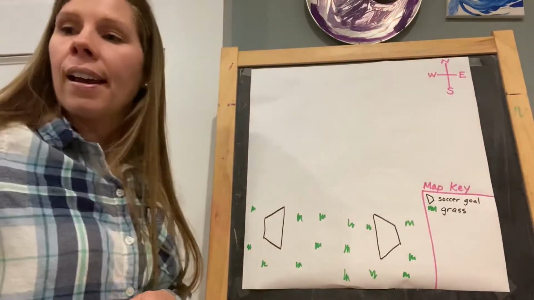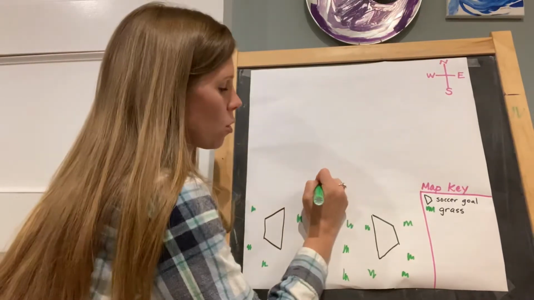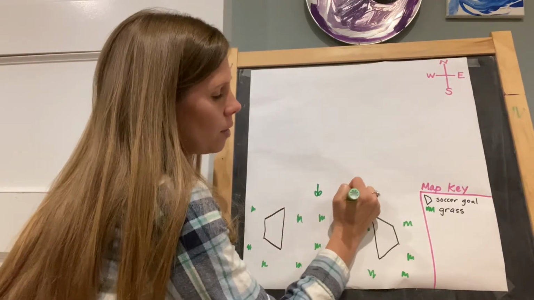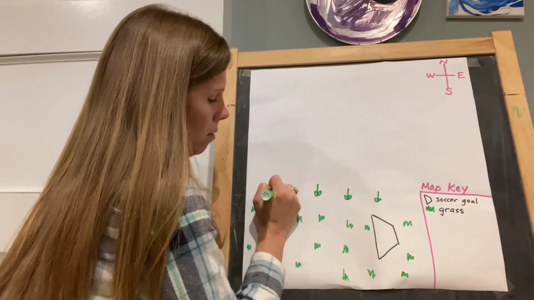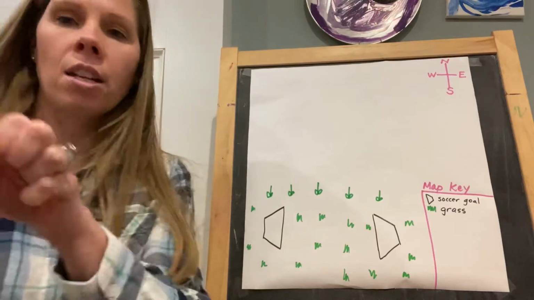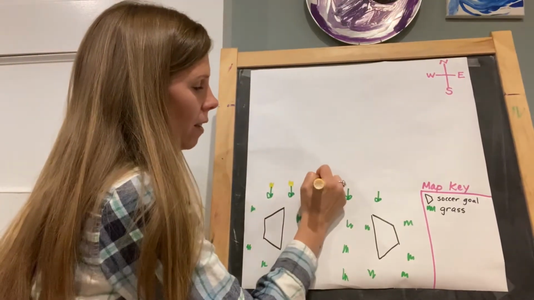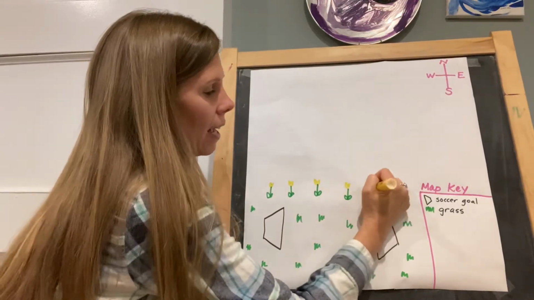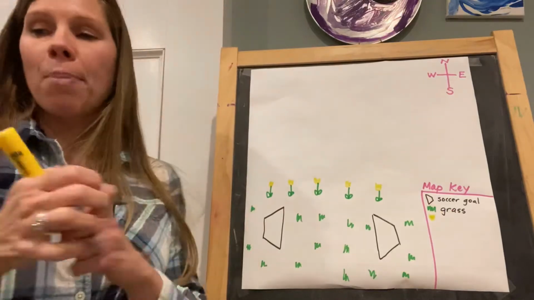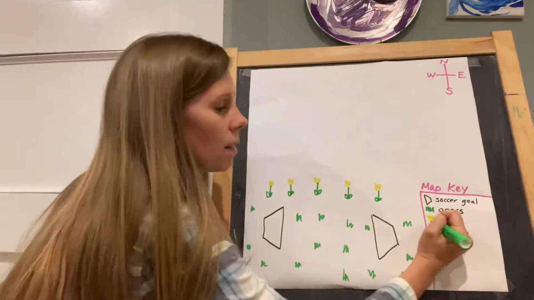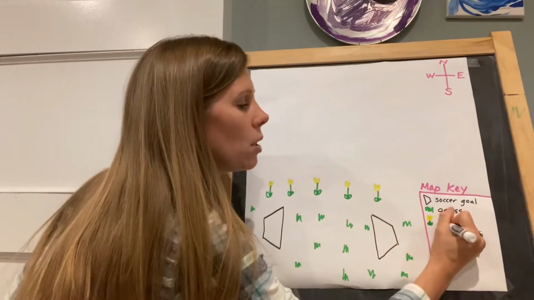All right. Now, sort of over here in my yard, I have some daffodils. So I'm going to draw some flowers. I'm going to keep it real simple. Hold on, daffodils are yellow, so I need a yellow flower. There we go. And let me put this in my map key. And let me label that flowers.